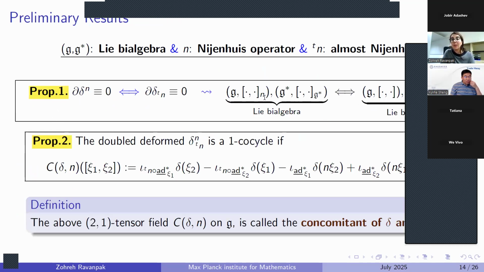The first one I just explained on the diagram. It means that the left-hand side is a Lie bialgebra if and only if the right-hand side is. And the double deformation is a one-cocycle if and only if this condition is satisfied.